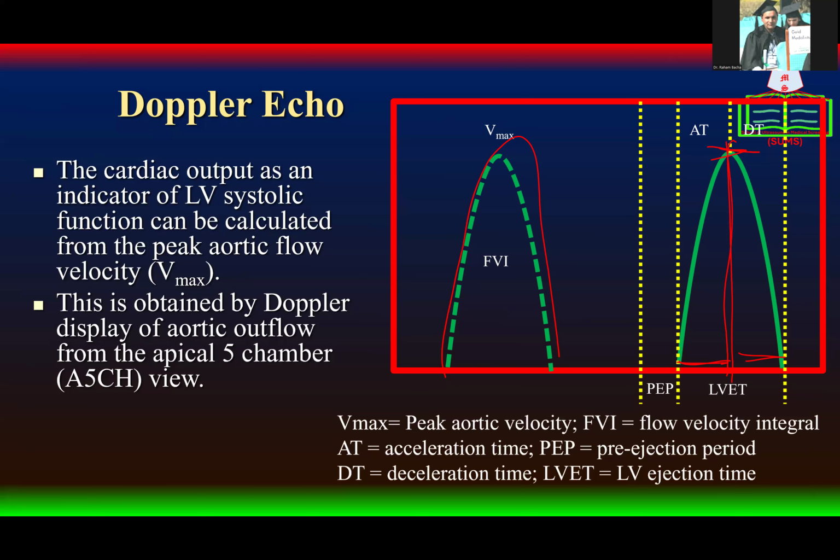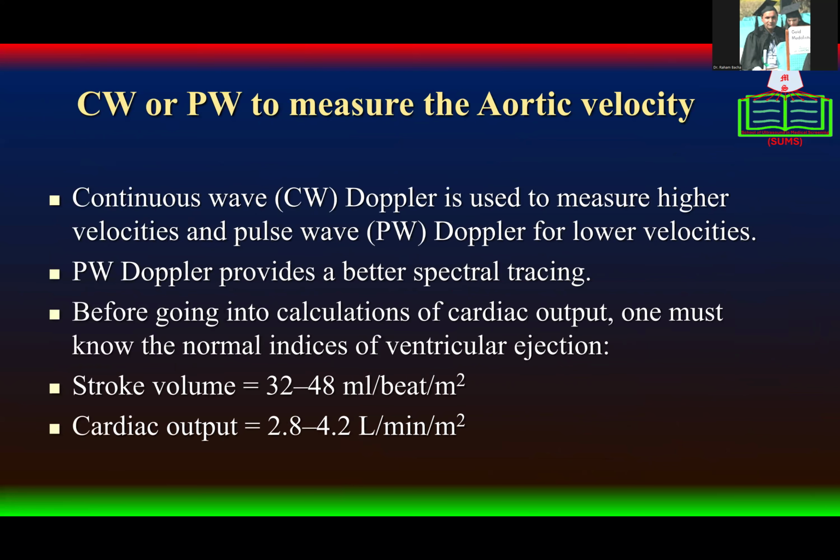And the pre-ejection period will be the time just before the acceleration time. So we can have that flow velocity integral with the help of continuous wave Doppler or pulse wave Doppler.